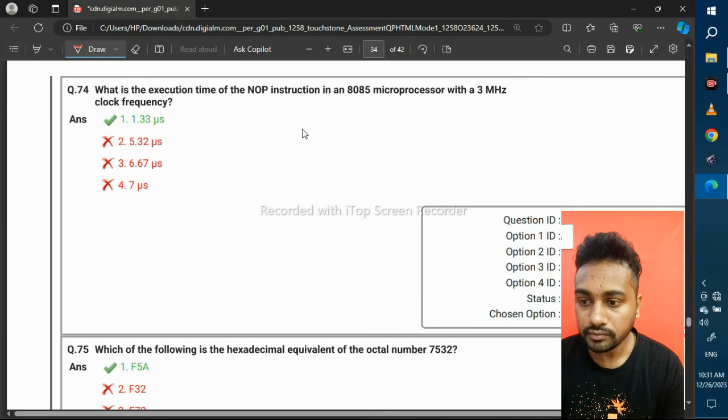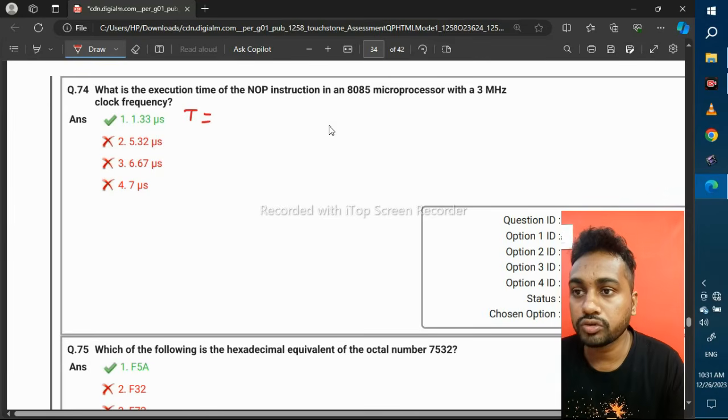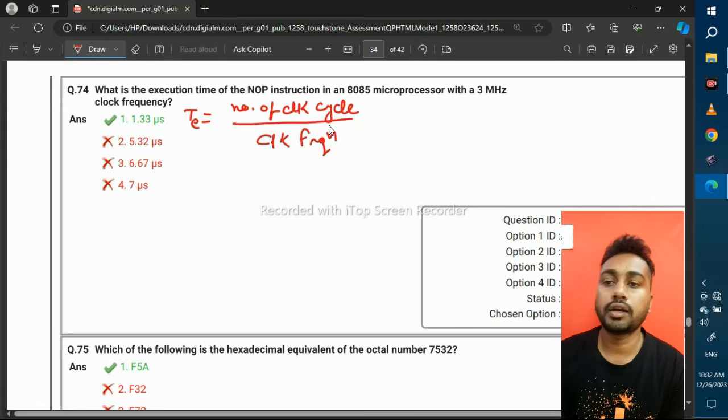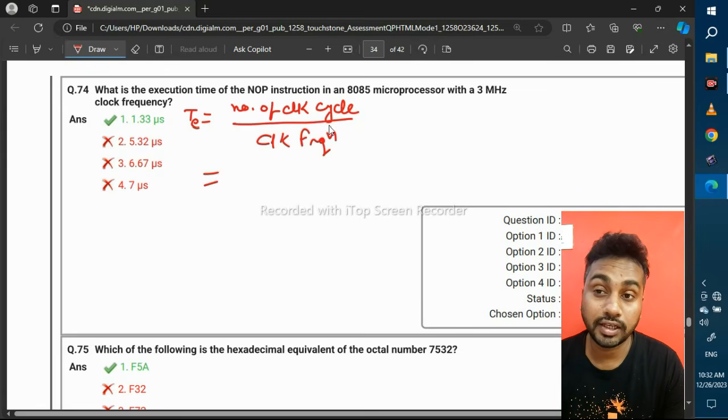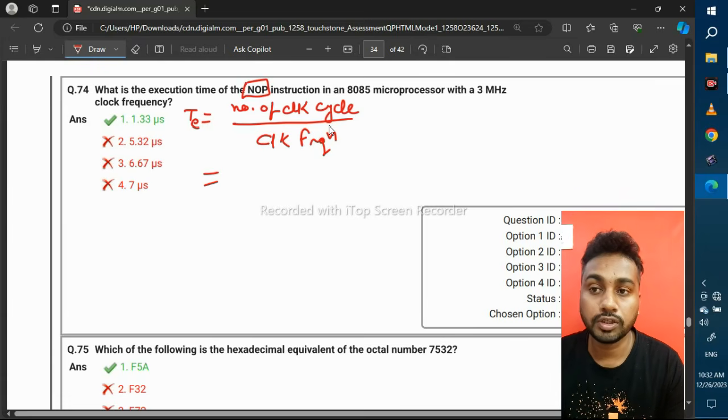So how are we calculating execution time? Execution time is equal to the number of clock cycles divided by the clock frequency. The number of clock cycles for the NOP instruction is 4.